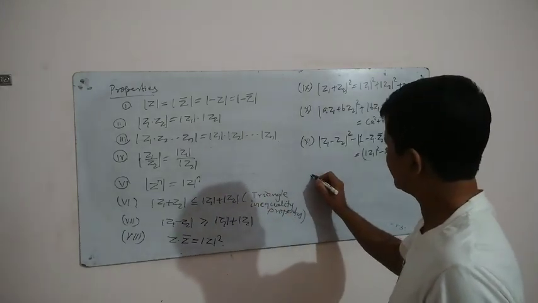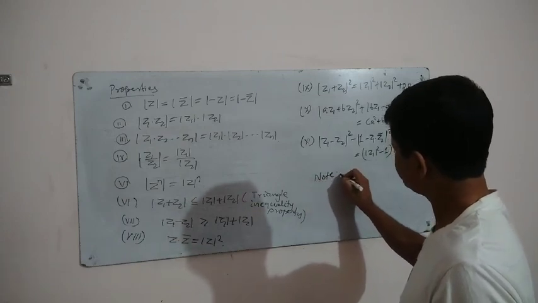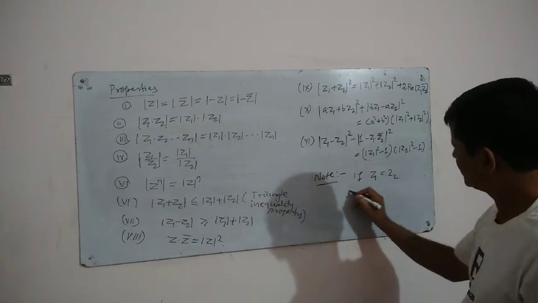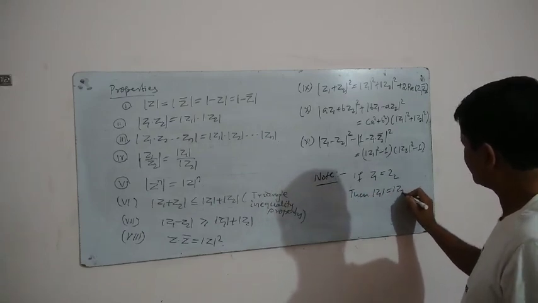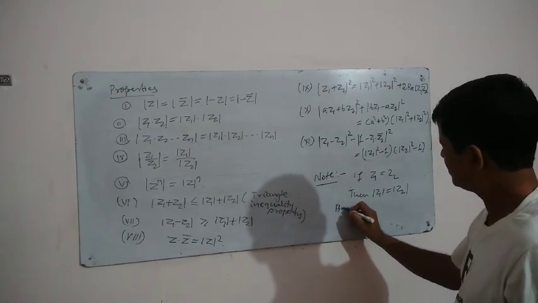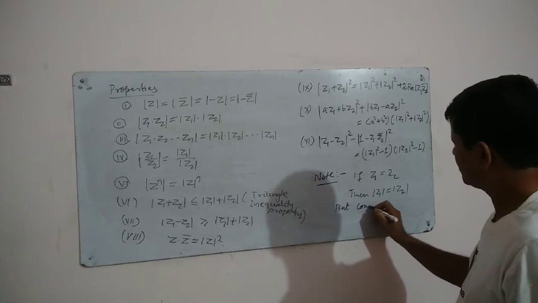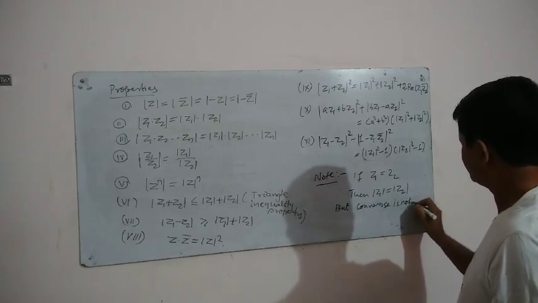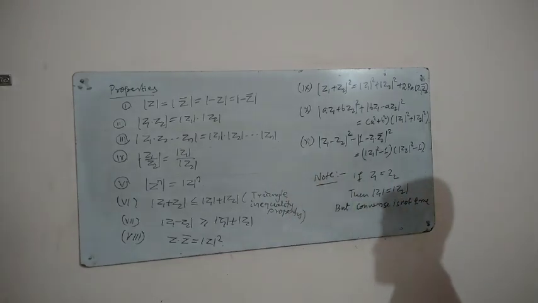Students, remember in your notes that if Z1 is equal to Z2, then mod Z1 is equal to mod Z2. But the converse is not true. It means if the modulus is the same, the complex numbers may not be the same.